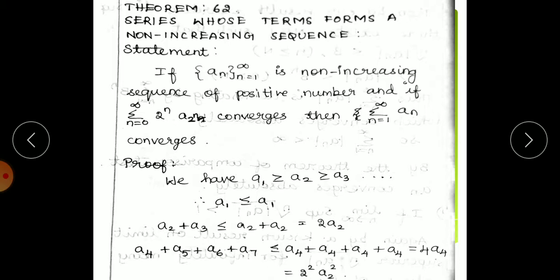Now a4 plus a5 plus a6 plus a7 is less than or equal to a4 plus a4 plus a4 plus a4, so 2 squared into a_(2 squared). So for any n belonging to I, a_(2^n) plus ... up to a_(2^(n+1) minus 1) is less than or equal to 2^n into a_(2^n).